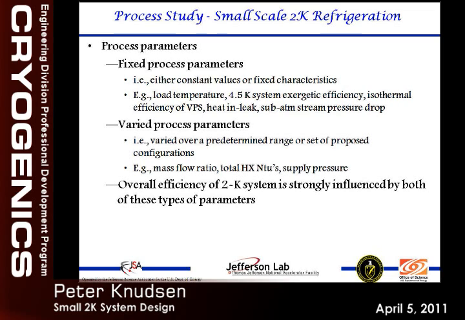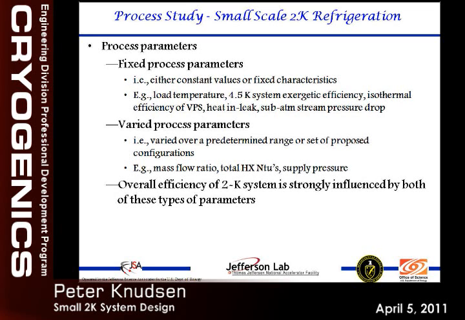So what are the process parameters we want to look at? Those process parameters consist of 2 different categories: fixed process parameters and varied process parameters, meaning things that we're not going to change during the process study and things that we will select a range and vary them over.